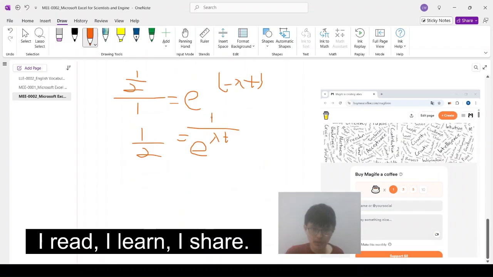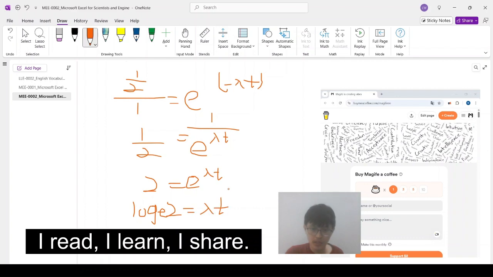Then we do some math trick, it becomes 2 equal to e power of lambda t. Now I make it in the logarithm form, which is log e 2 equal to lambda times t.